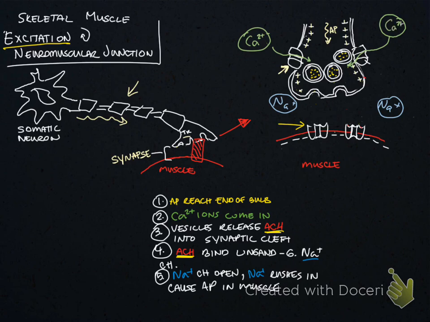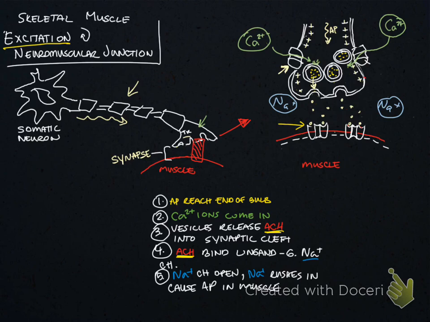Calcium comes in, binds with its receptors on these little vesicles held within the end of the axon terminal, that hold the neurotransmitter. That neurotransmitter is exocytosed out across the synapse till it finds its receptor on the muscle. Remember, that specific place on the muscle is called the motor end plate.